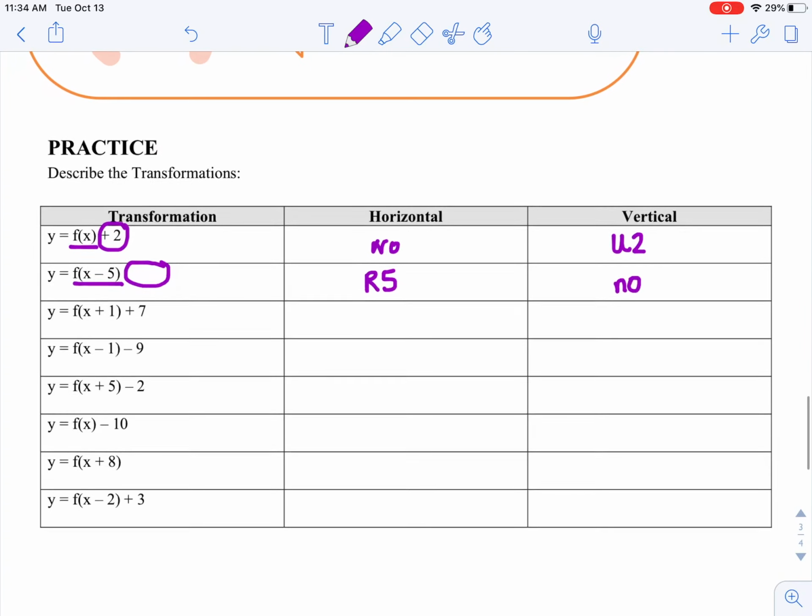So let's continue working through these. So if I have in parentheses x plus 1, what is your horizontal movement? After the parentheses, we have plus 7. What is your vertical movement?